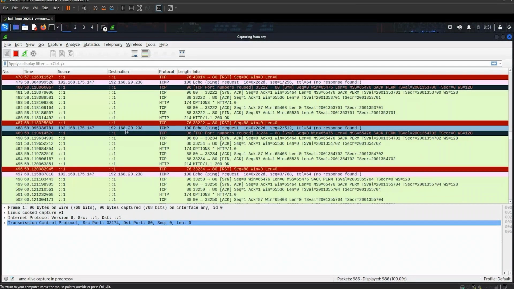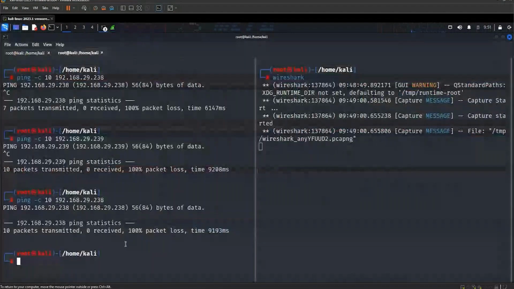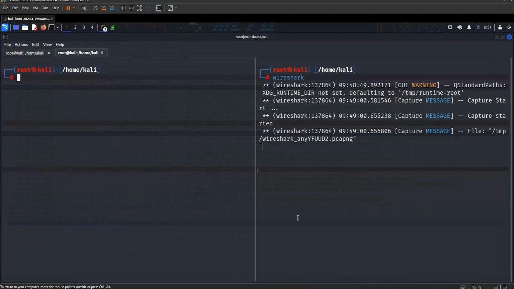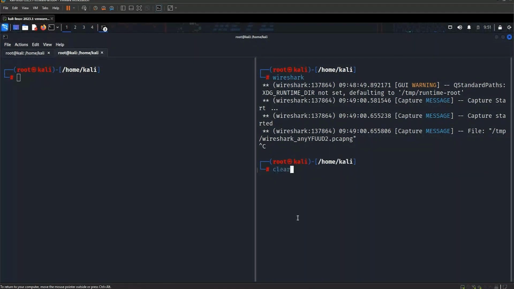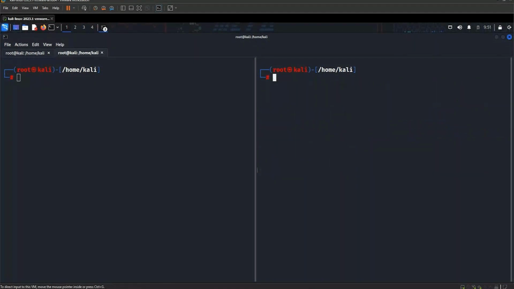It is going there. Yes, perfect. So, that's what we call a man in the middle attack, right?